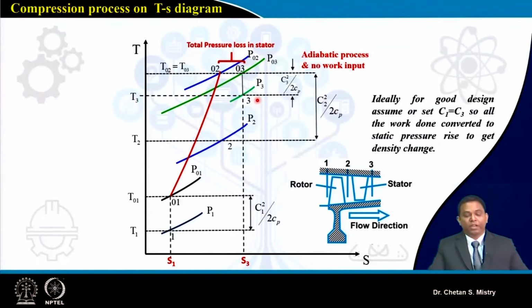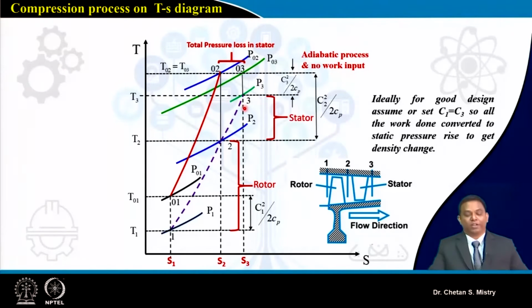If I represent this as a process, then from 1 to 2 I will be having a rise of pressure, that is my static pressure rise. And this is what is happening inside my rotor. I will be having the rise of pressure from station 2 to 3, that's what is happening in my stator.